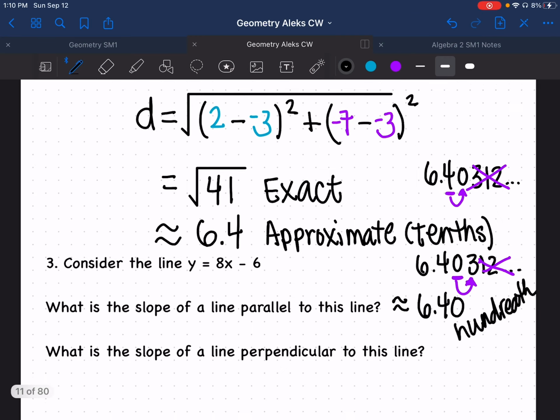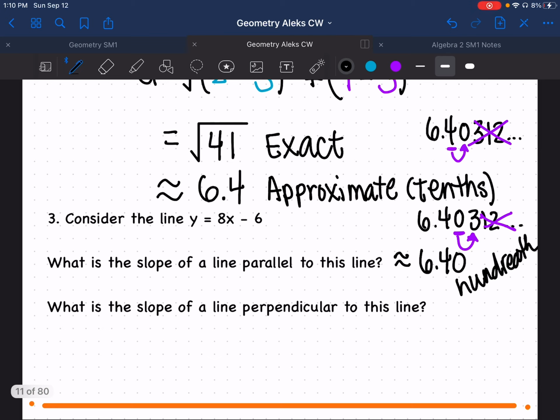All right, let's go ahead and look at this next one. Consider your line y equals 8x minus 6. What is the slope of a line parallel to this line? Well, let's find the slope. To do so, remember it has to be in the form y equals mx plus b.